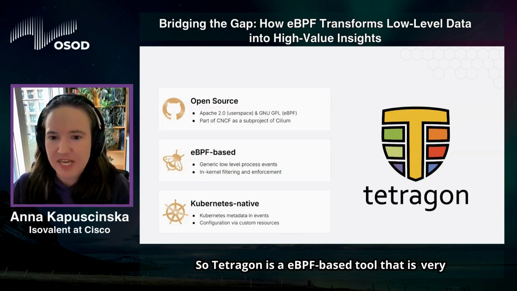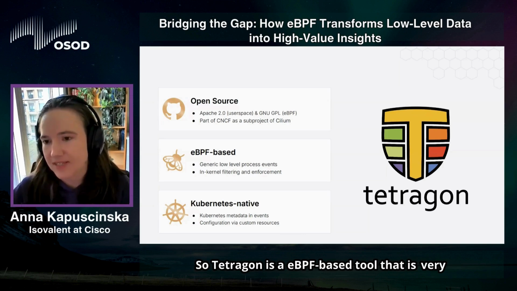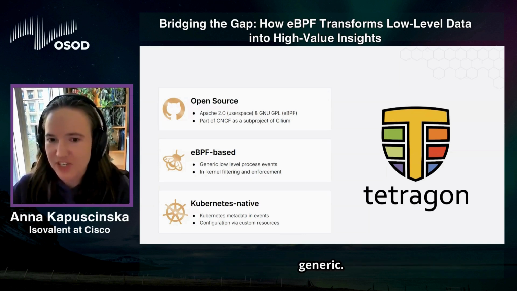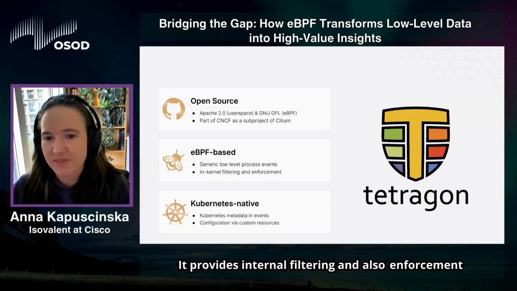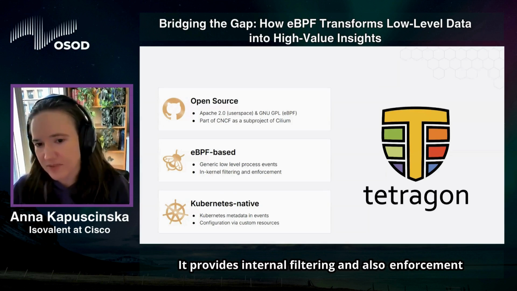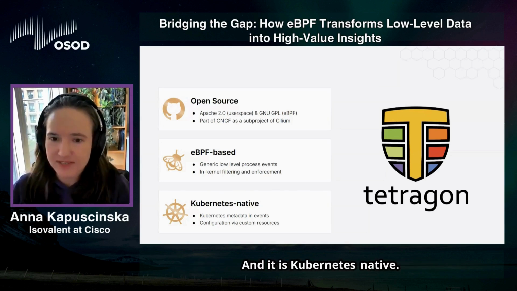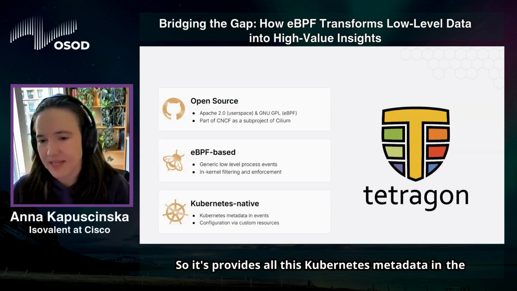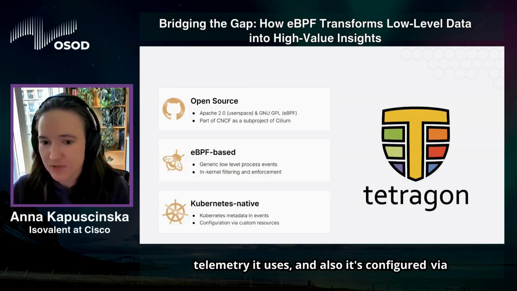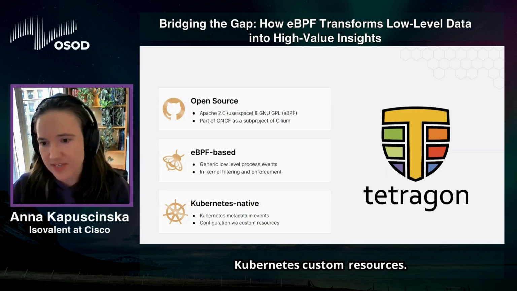So Tetragon is an eBPF-based tool that is very generic, and I will show examples in a moment. It provides in-kernel filtering and also enforcement for security, and it is Kubernetes native. So it provides all this Kubernetes metadata in the telemetry it produces, and also it's configured via Kubernetes custom resources.